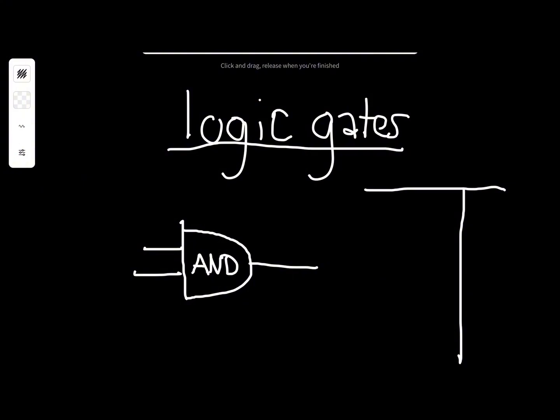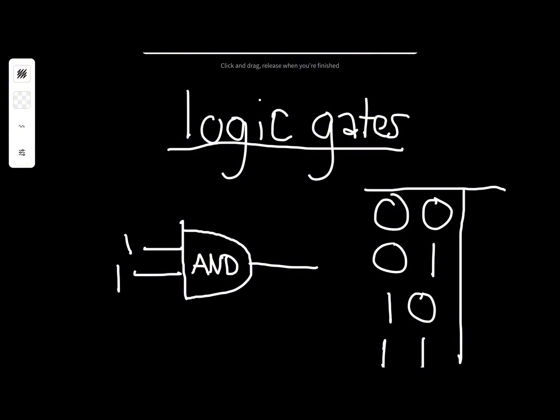So let's count up in binary on this side of the table. 0, 0, 0, 1, 1, 0, 1, 1. So we counted up in binary on this side. The AND gate, its sole purpose is if there is a 1 and a 1, it produces a 1.